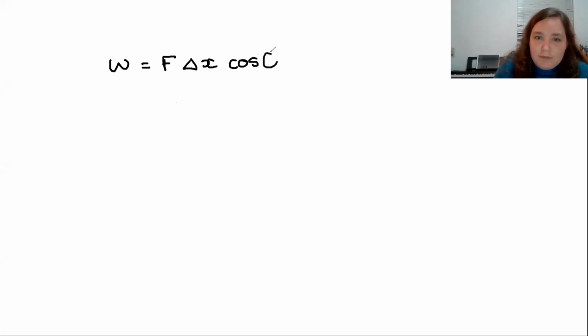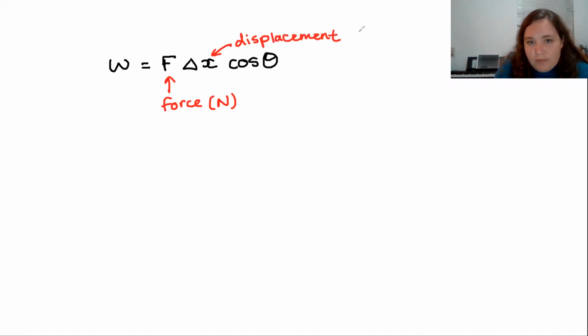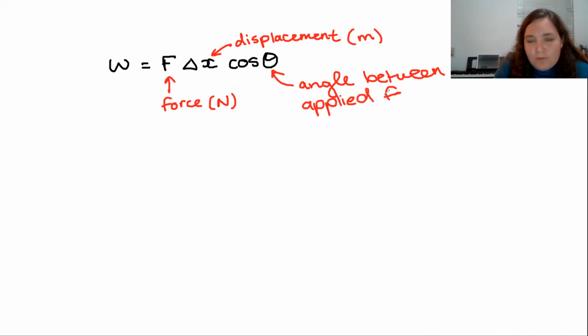cos theta, where F is your force measured in newtons, delta X is the displacement covered by the object that's moving in meters, and theta is the angle between the applied force and the displacement.